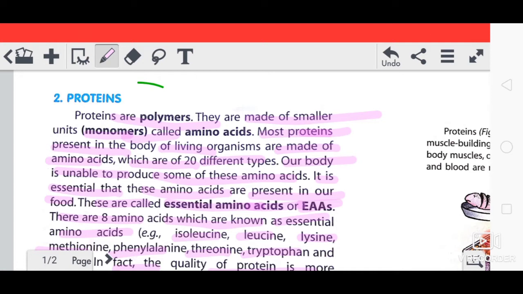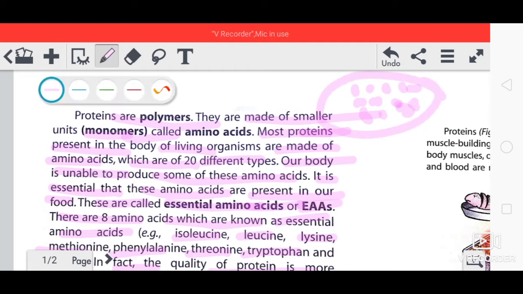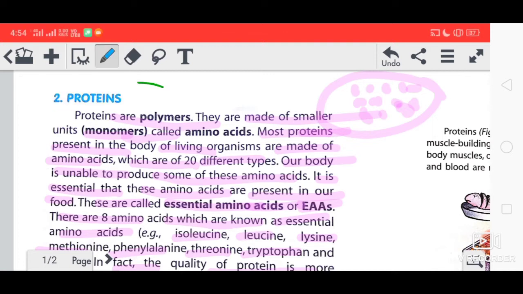So what are proteins? Proteins are made up of smaller units, and these smaller units are called amino acids. So proteins are made up of smaller units called amino acids.